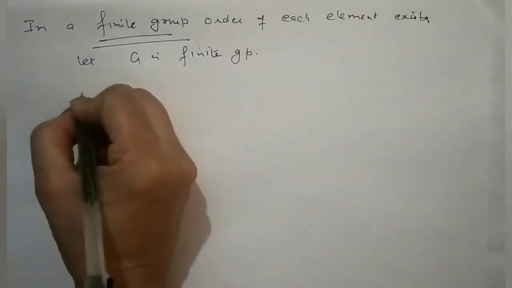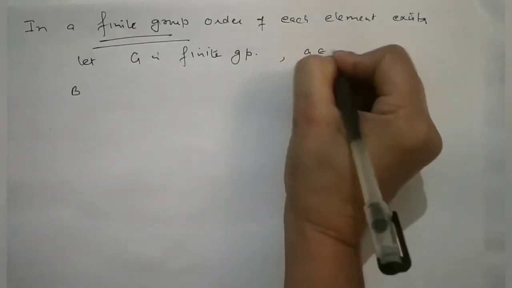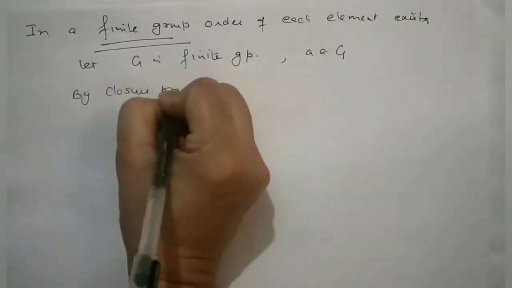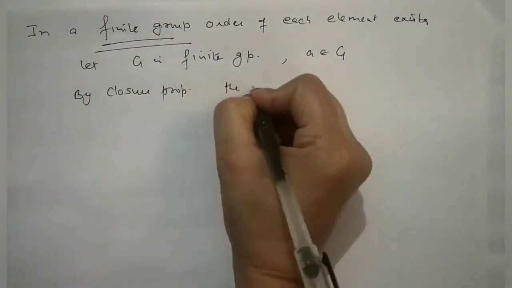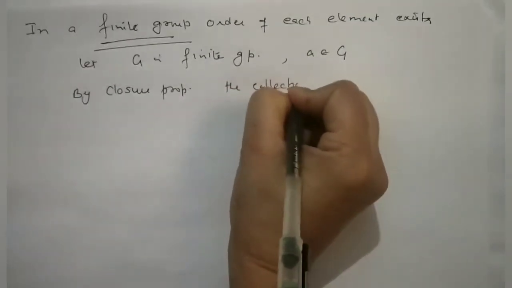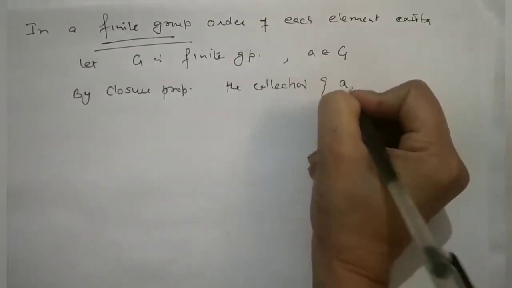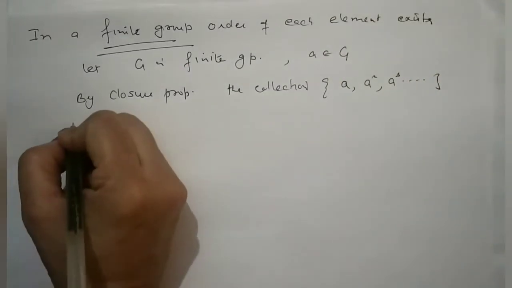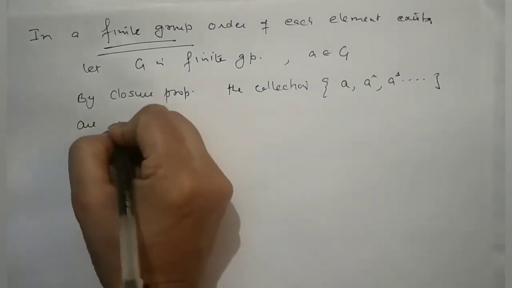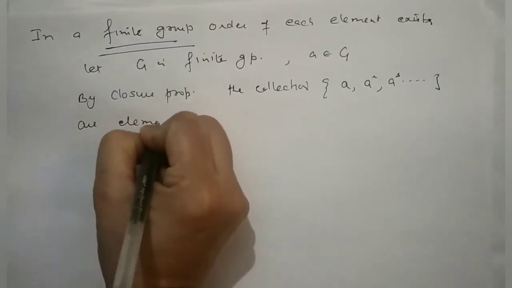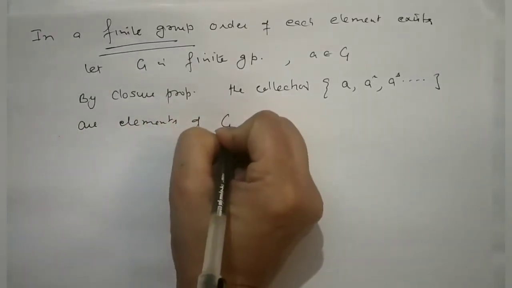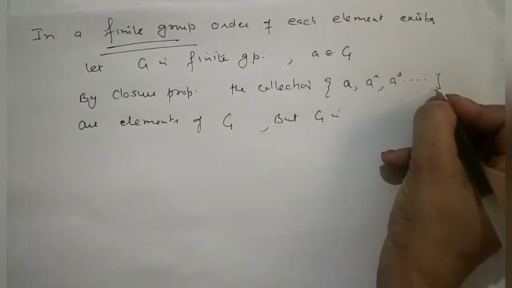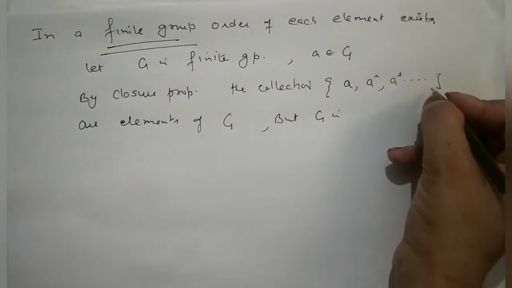Now by the closure property, if a is some element in G, then the collection a, a square, a cube and so on, all the powers of a, are elements of G. But G is finite, while this collection is infinite, because we can go on increasing the power of a.